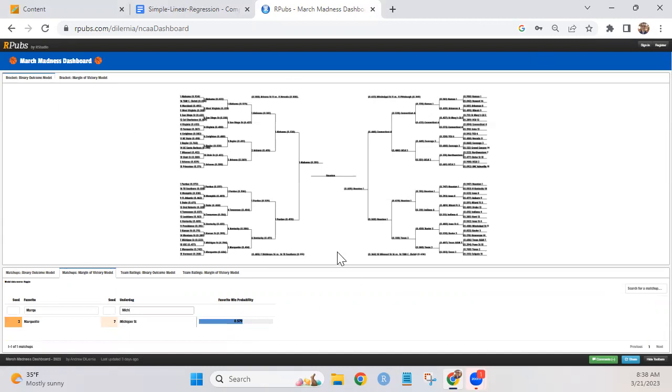Predictions for sports is one very common use of linear regression. Some people make a lot of money off of forecasting the results of games.